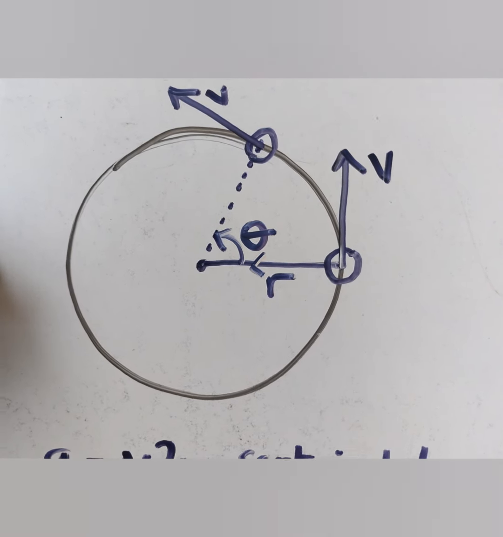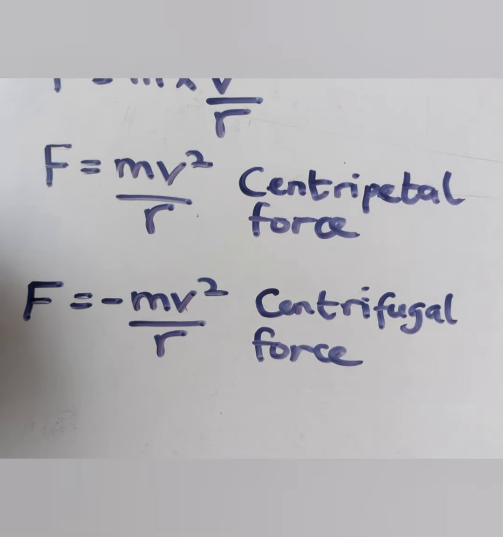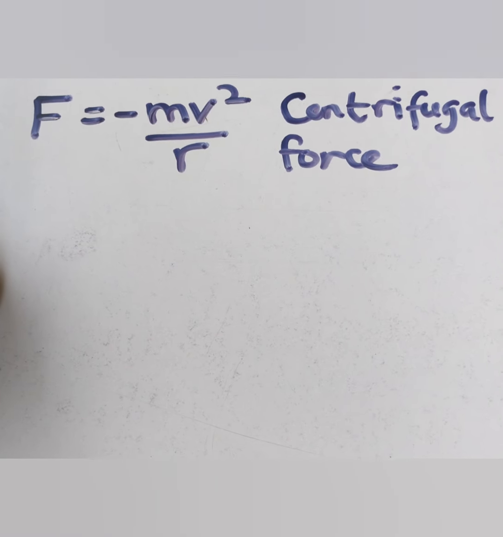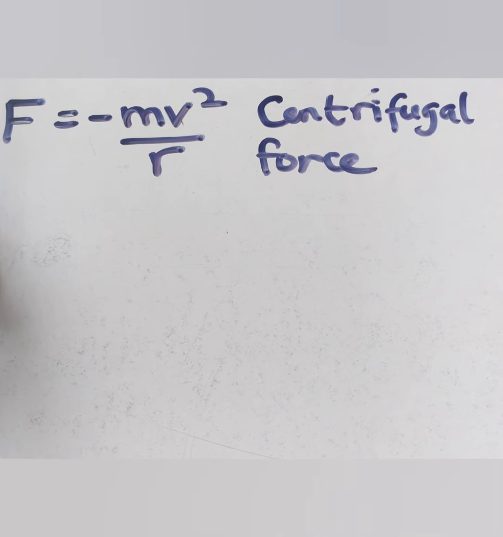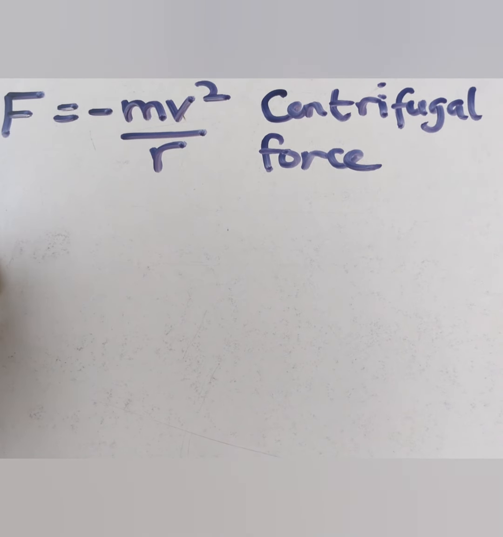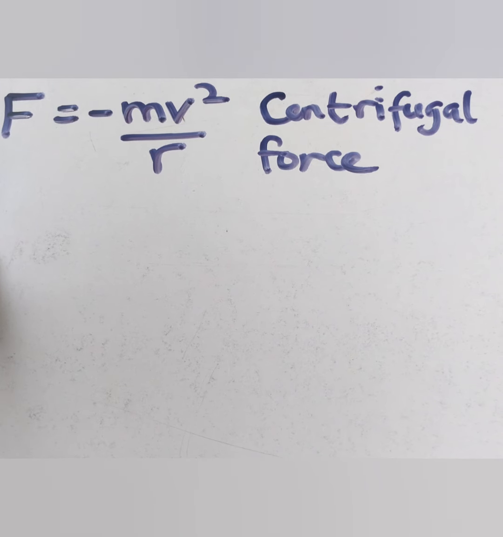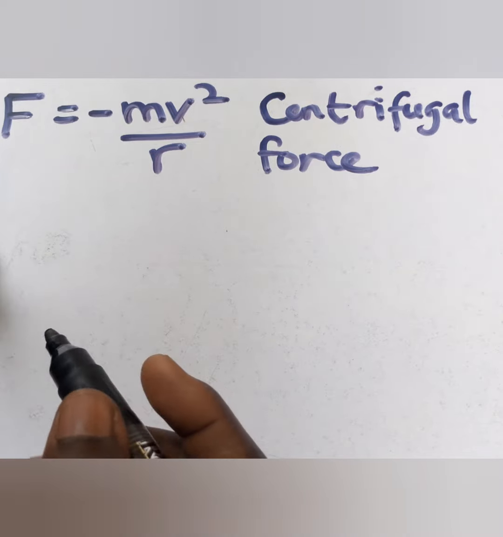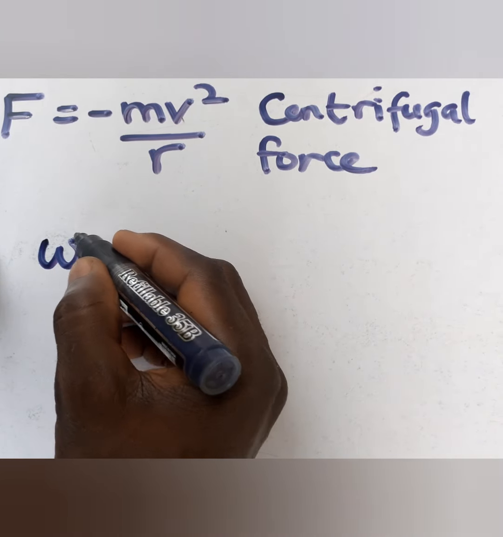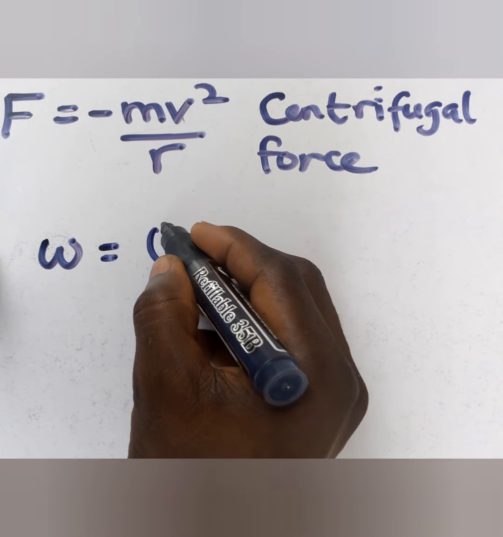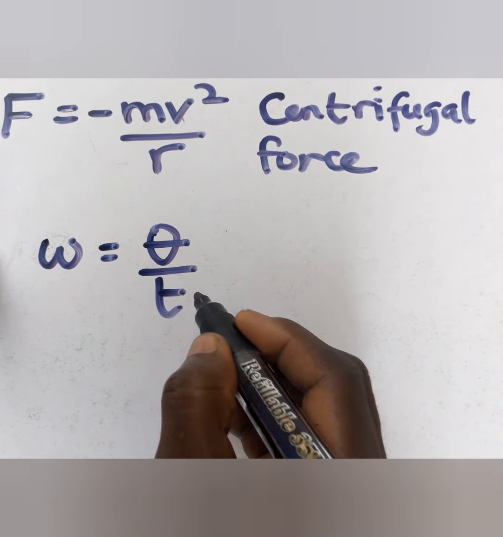Just like my linear velocity is equal to distance divided by the time taken, displacement divided by the time taken, also my angular velocity is equal to angle turned divided by time.